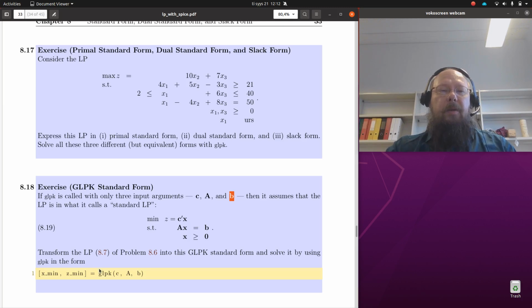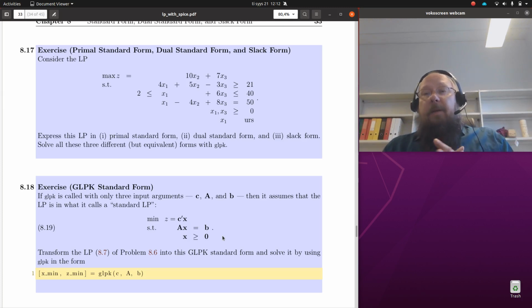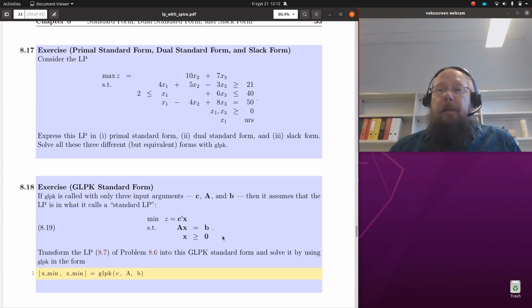So if you just call GLPK with parameters C, A, and B, it assumes that it's a minimization and the constraints are actually equalities. And sign constraints, the x's are positive. Okay, there is no standard. What is standard?